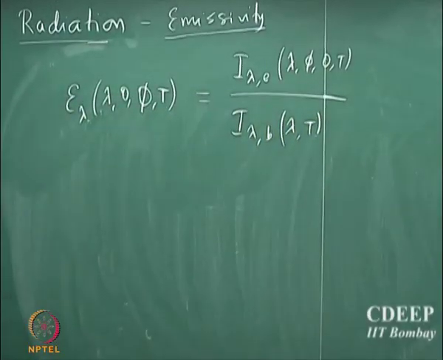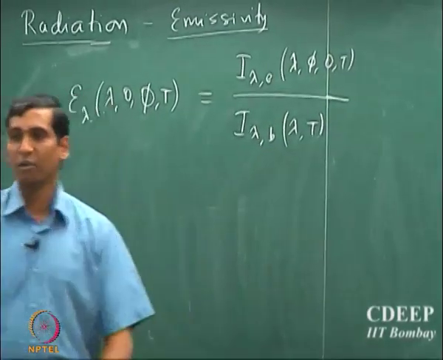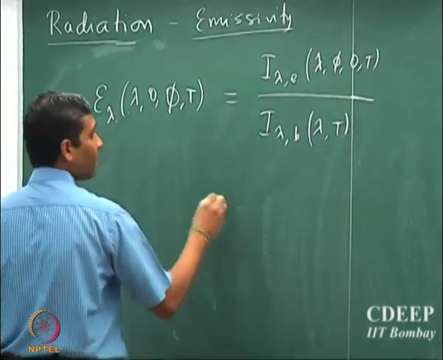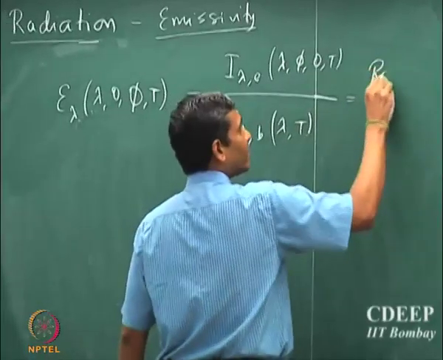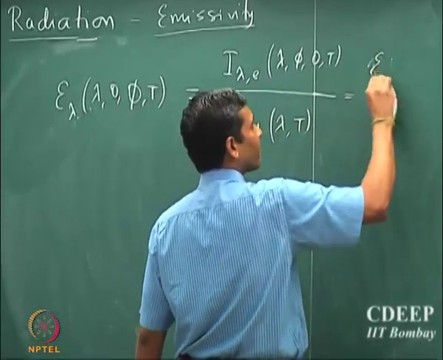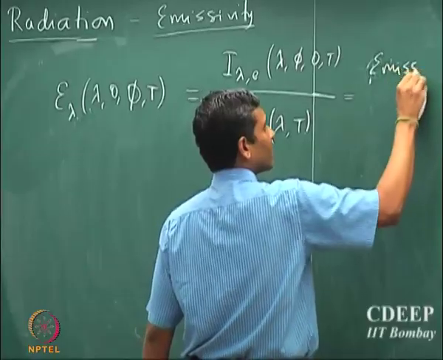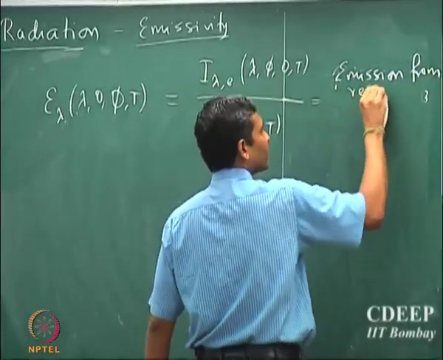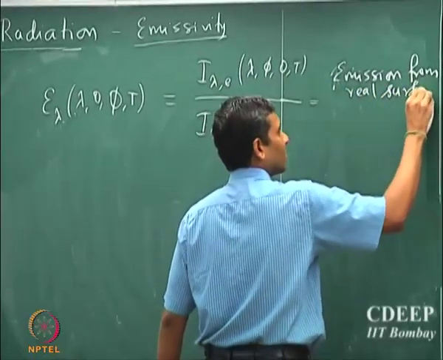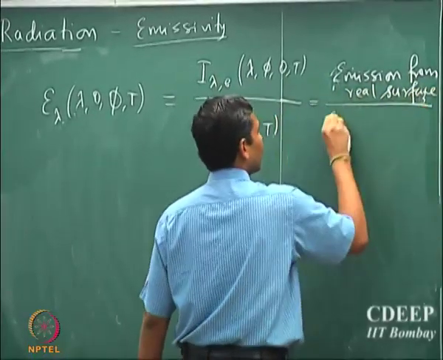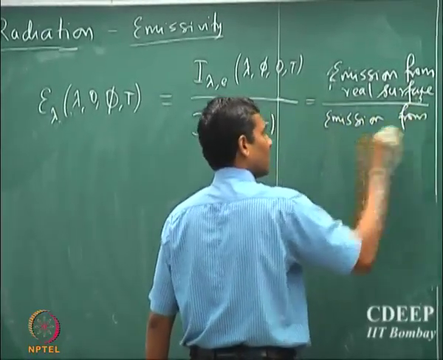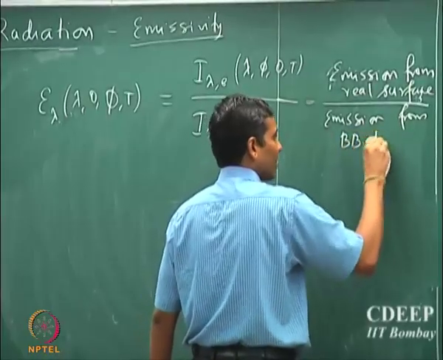With the corresponding emission from Blackbody, which is not a function of the angular position, right? So this is essentially the ratio of radiation emission from the real surface divided by emission from Blackbody at the same temperature.